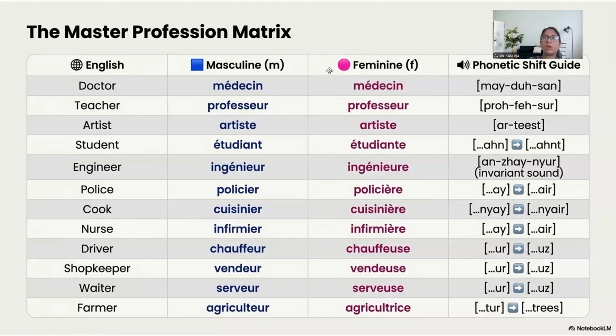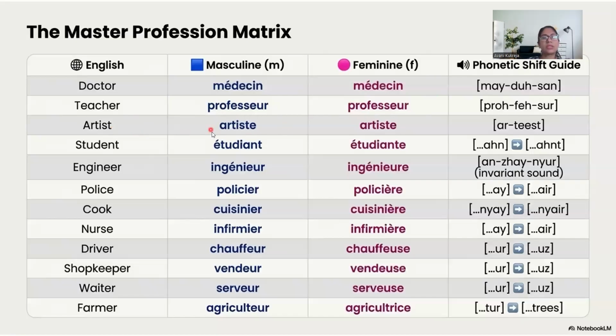Now, summing up. We'll do the professions once again with the pronunciations. Doctor in French, the masculine one, is médecin. Again, feminine, médecin. Teacher, you try. Professor. Feminine is professeur.